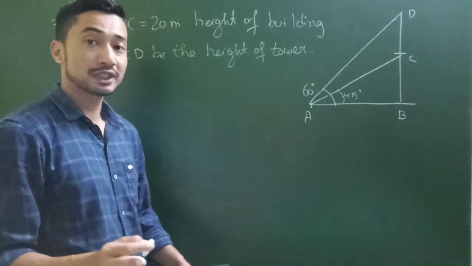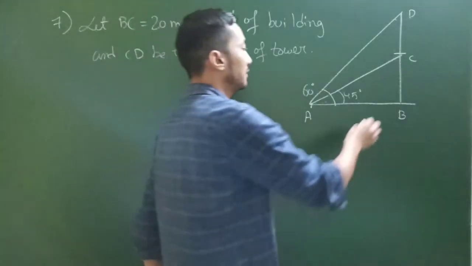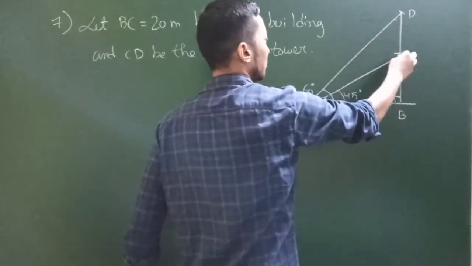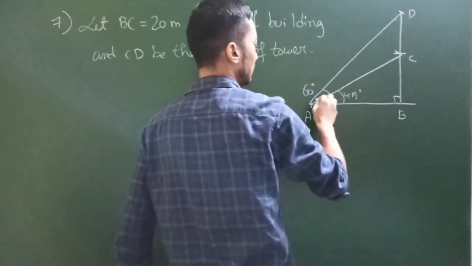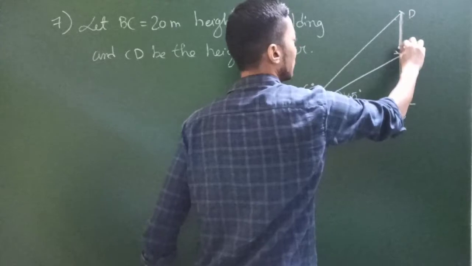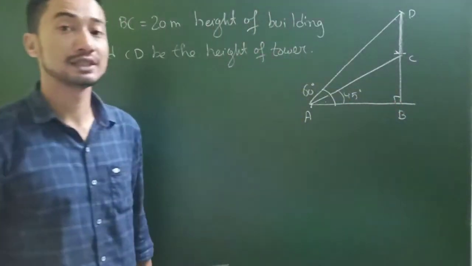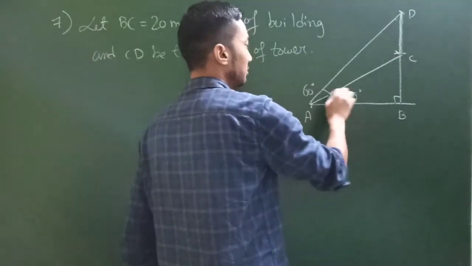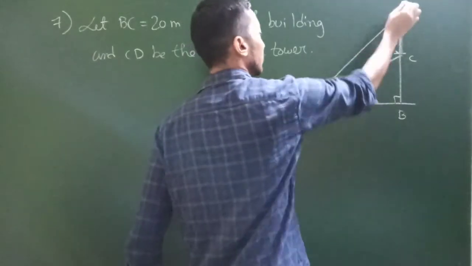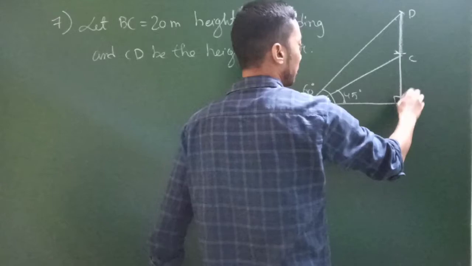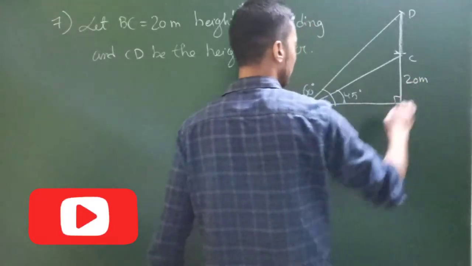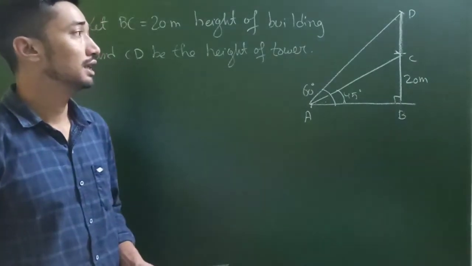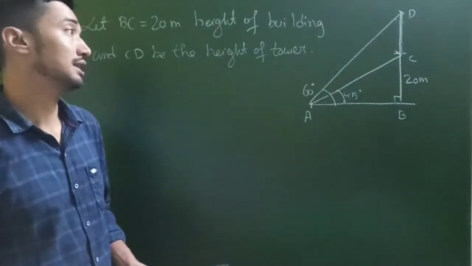Alright, so as per the question, the angle of elevation of the bottom and the top of the transmission tower, which is assumed to be CD, is 45 degree of the bottom and 60 degree of the top. It is also given that the building is 20 meters high. So what are we supposed to find out? We're supposed to find out the height of the tower, that is CD.